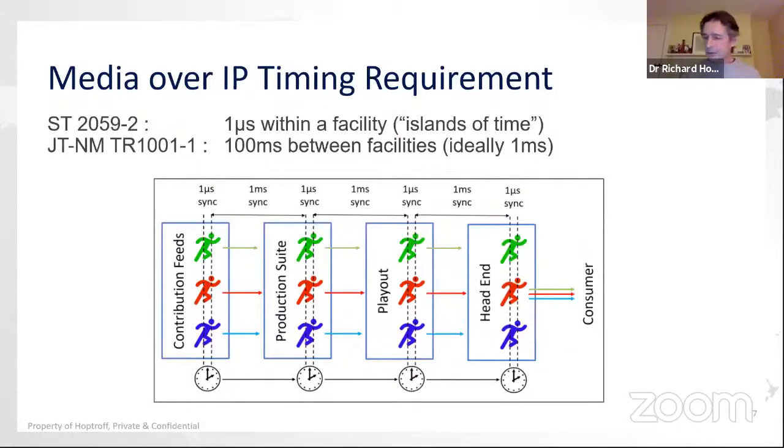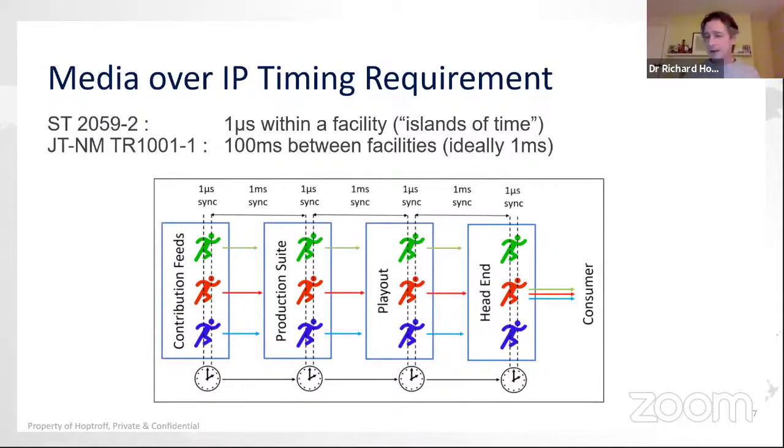So just building a little bit more on what Bruce was saying about accurate time and floppy time, if we look at the two areas of standards which have been developed for media. First is ST 2059-2, which is what happens in the accurate time environment, within a facility. And there you need some kind of island of time that can achieve 1 microsecond accuracy.